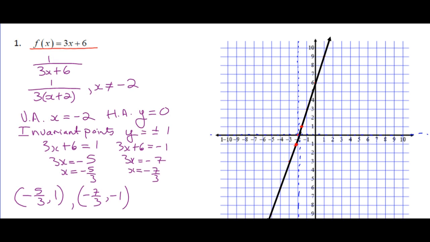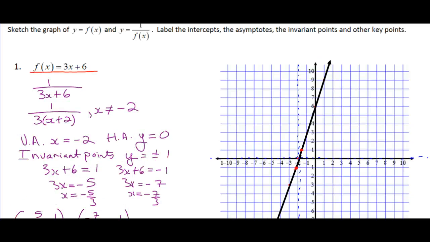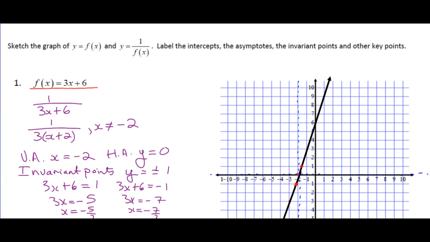Those are invariant points, but we need to state what they are. If it went through nice numbers, we wouldn't necessarily have to do the work, but here we have to do the work. We have to show this is where y is equal to 1, and this is where y is equal to negative 1.